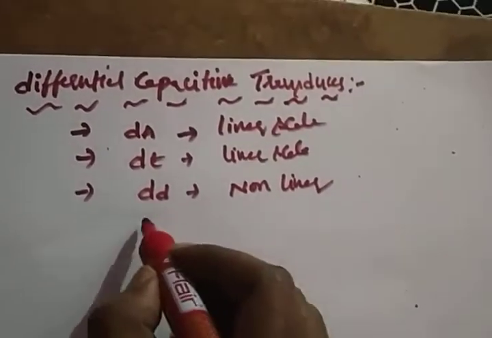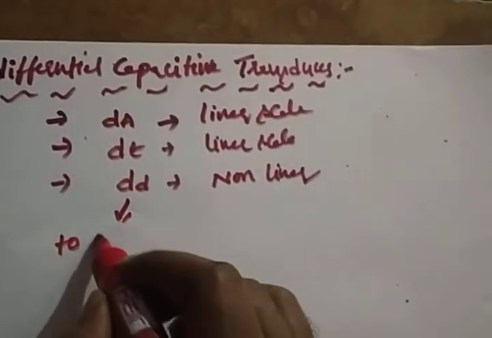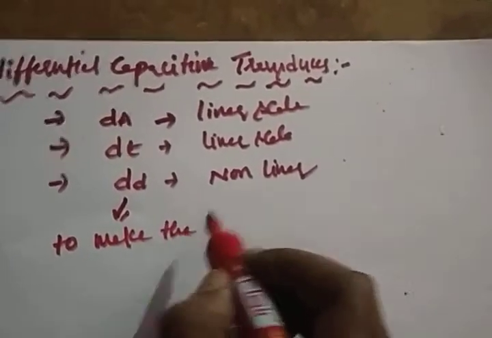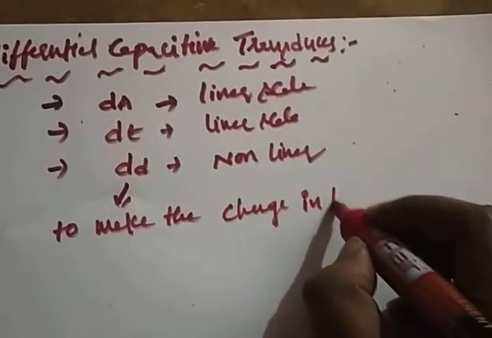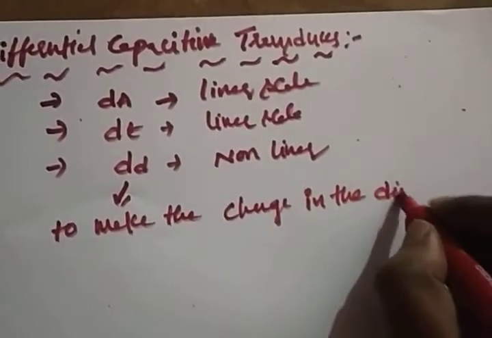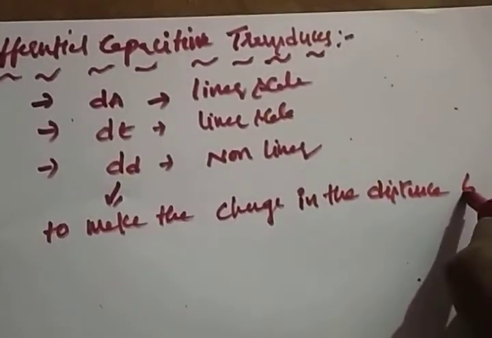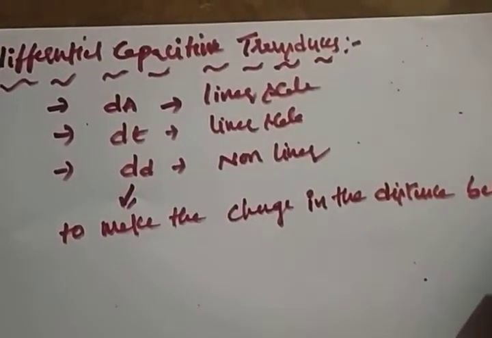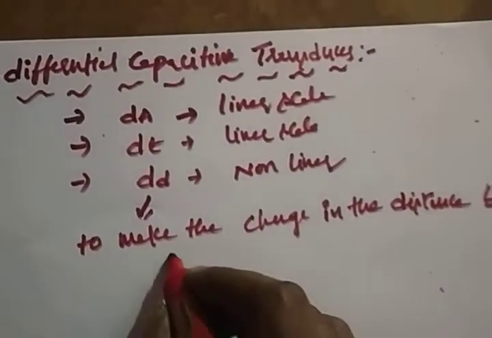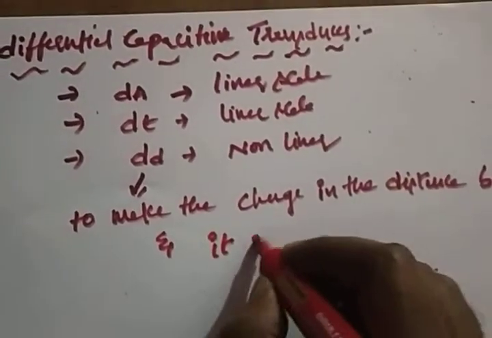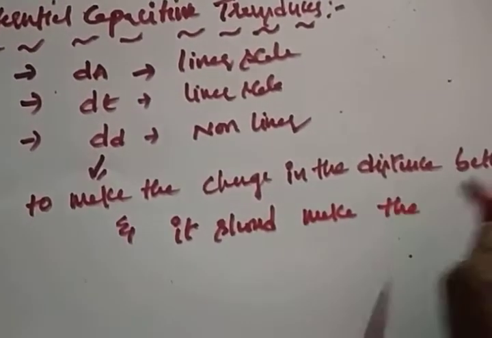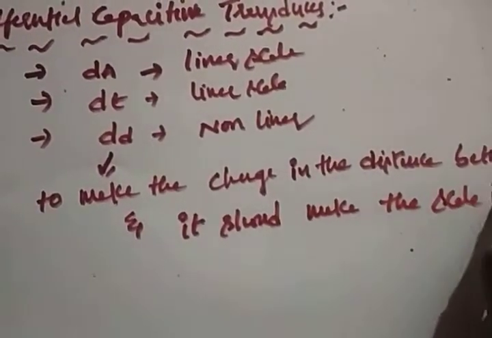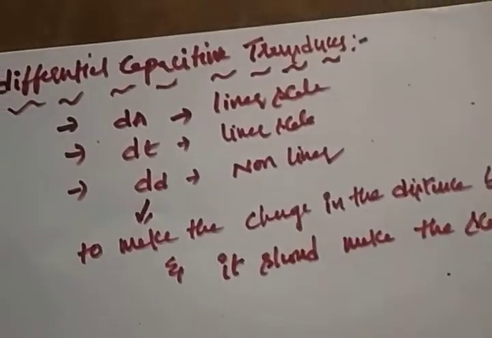The purpose of the differential capacitive transducer is to make the change in the distance between the plates give a linear scale, right?